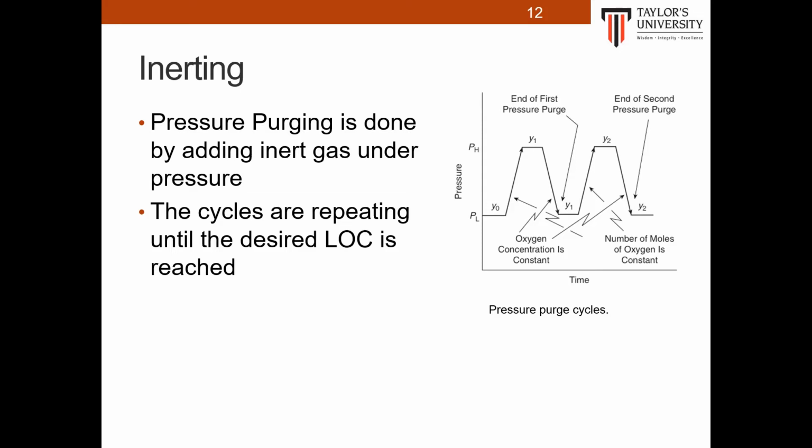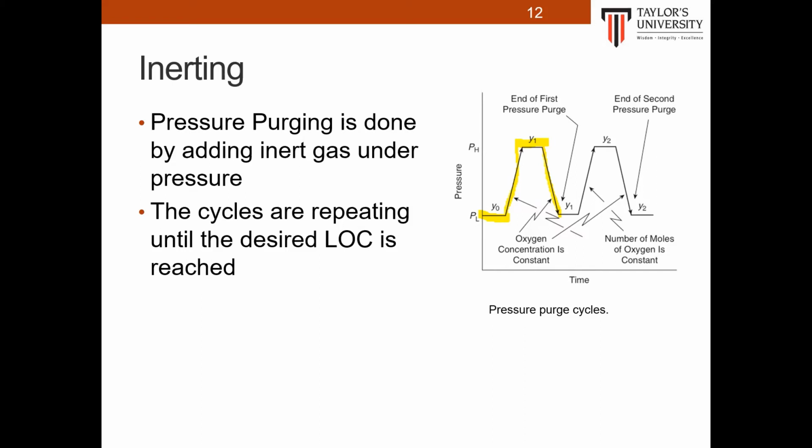So it normally starts with atmospheric pressure, and then we purge in inert gas to a higher pressure. We let that inert gas mix with air. Then we slowly release that gas to atmospheric pressure again. And assuming during this release, the concentrations in the vessel remain the same.